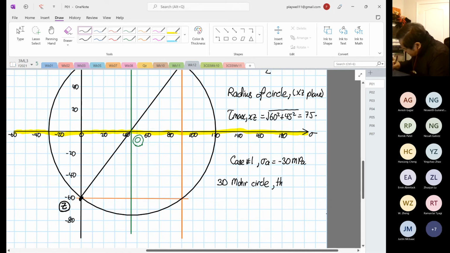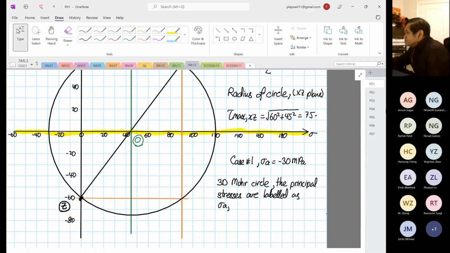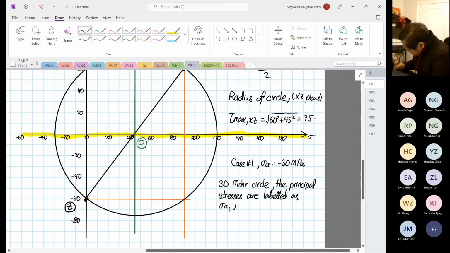The principal stresses are labeled as stress A, stress B, and stress C, right?